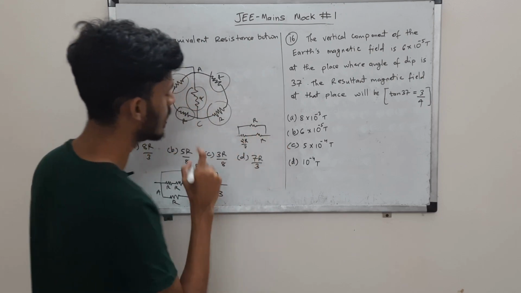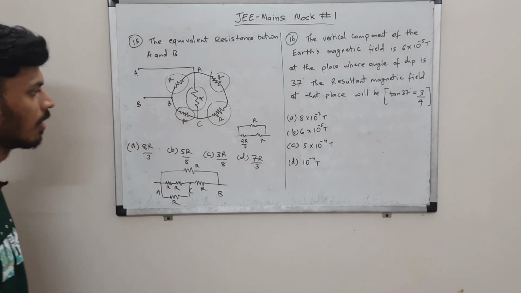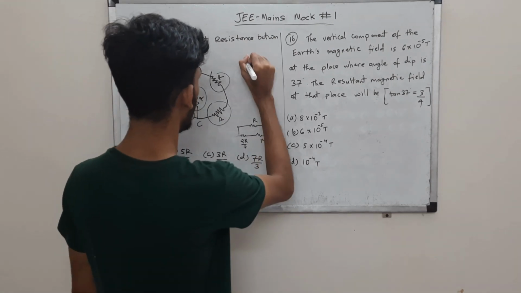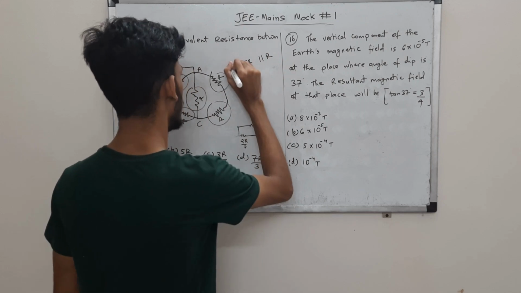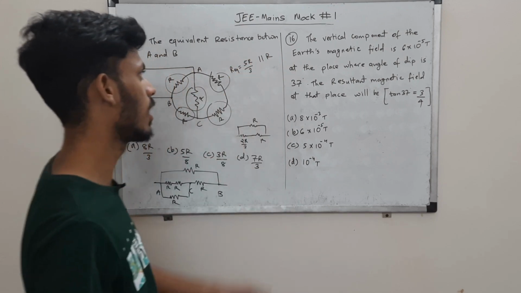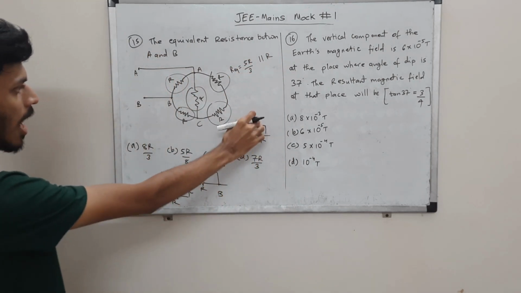Now simplify this: 2R by 3 plus R is 5R by 3, and R in parallel.